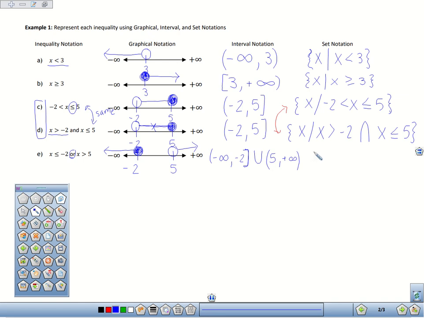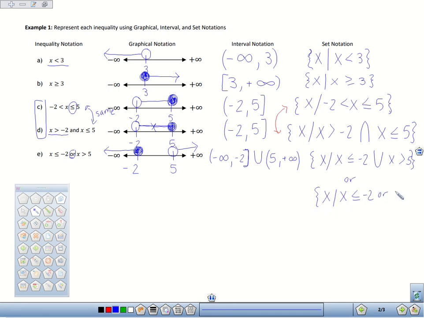Now the two ways that you could write the set builder notation here are x such that x is less than or equal to -2 union x is greater than 5, or you could just write it as the word or.